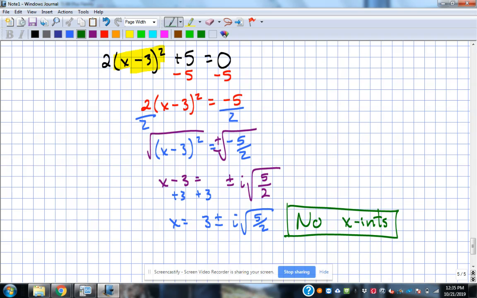If it's in intercept form, it's not likely that you got complex. They're probably not going to give you complex factors at this level of stuff we're doing. When we get into higher degree polynomials, we'll talk about how we can build a polynomial from complex factors. But no x-intercept, so this thing does not cross the x-axis.